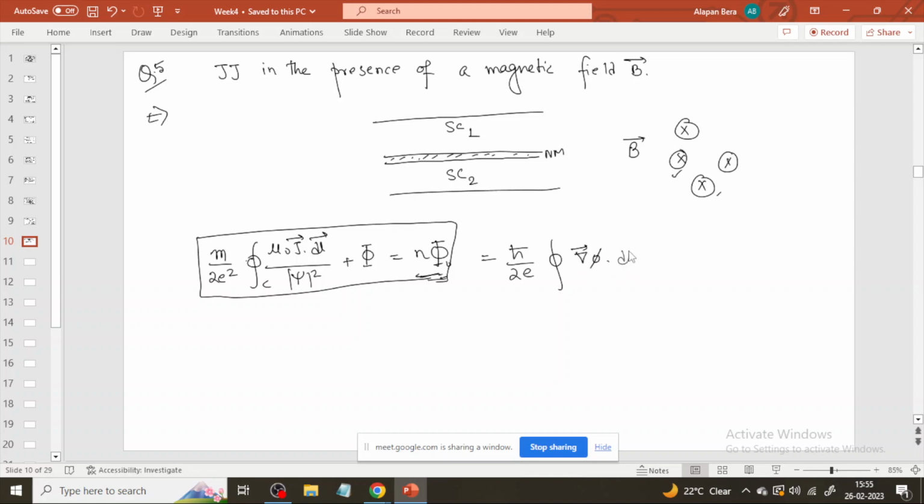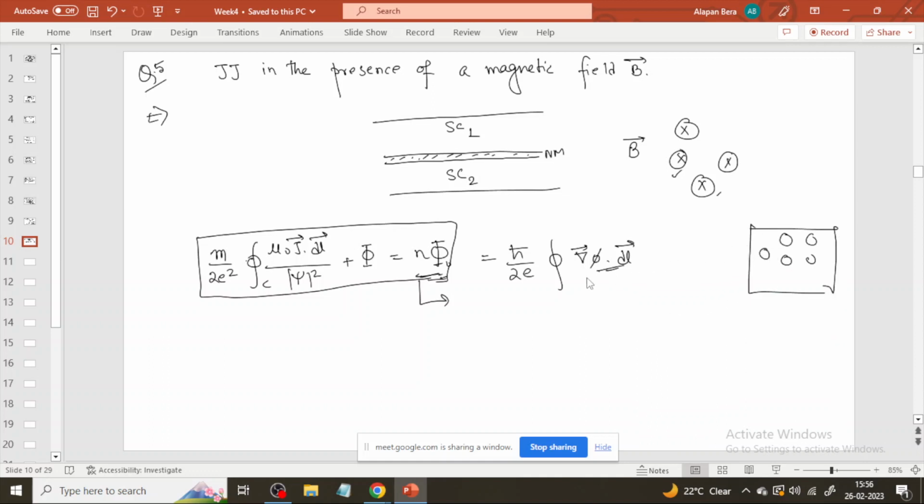Grad of phi dot dl. Why? Because this term denotes, so we had derived this equation in the context of vortices in the superconductor.